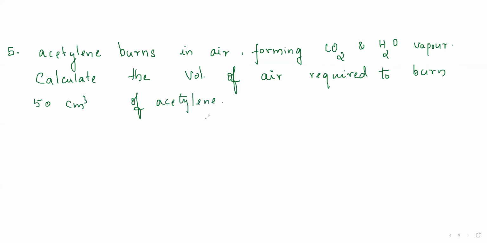So let me write the equation for you now. Acetylene is C2H2 plus O2 gives you CO2 plus H2O. Now the balanced equation is 2C2H2 plus 5O2 gives 4CO2 plus 2H2O.